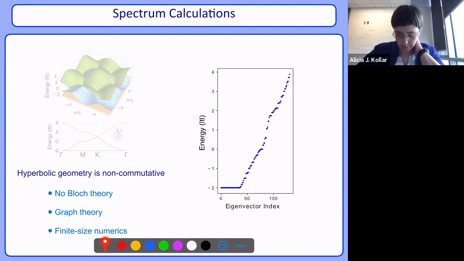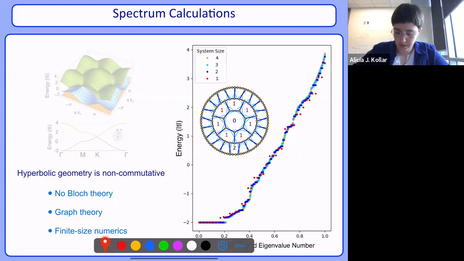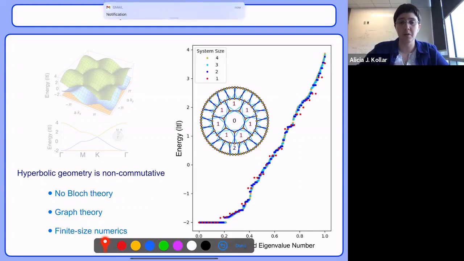Instead, what we do is take a finite sized patch of this lattice and compute all of the eigenvalues. This is the list of eigenvalues that comes out. This is for the Euclidean case. And we can do the same thing for the hyperbolic one as a function of system size.